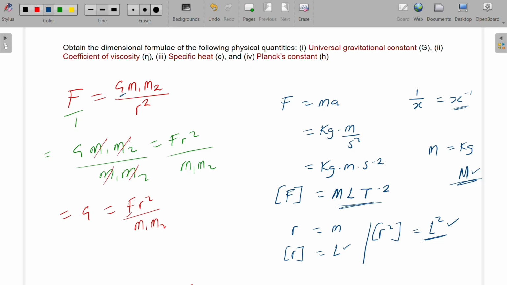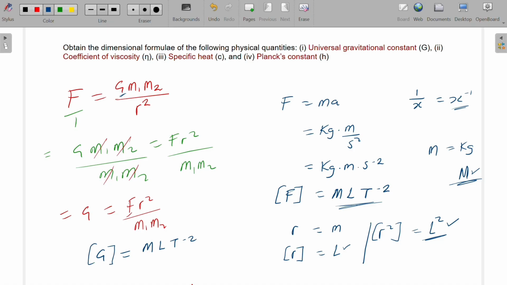So now that we've found the dimensions on that side, all we have to do is replace. The dimensions for G will be equal to, on top, M L T to the minus 2.